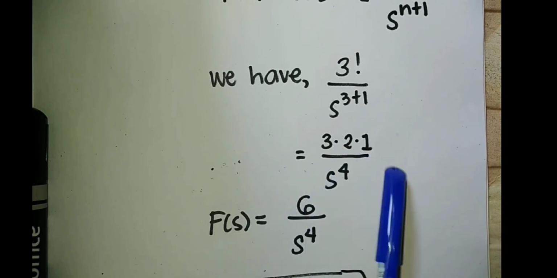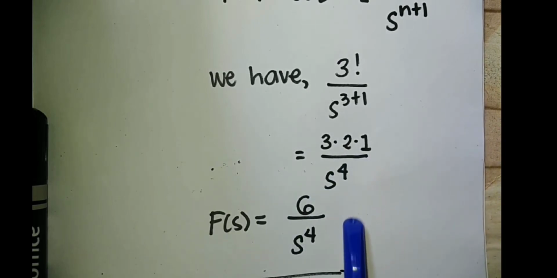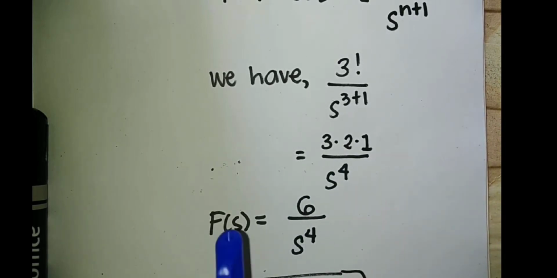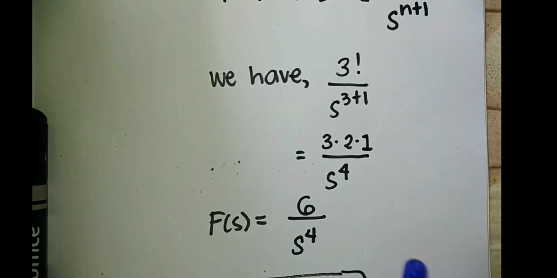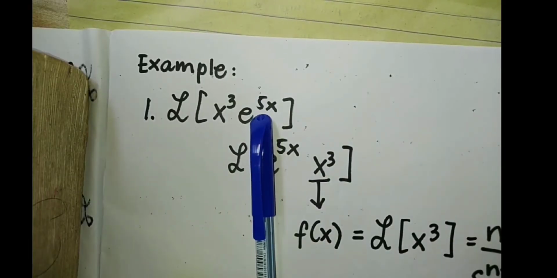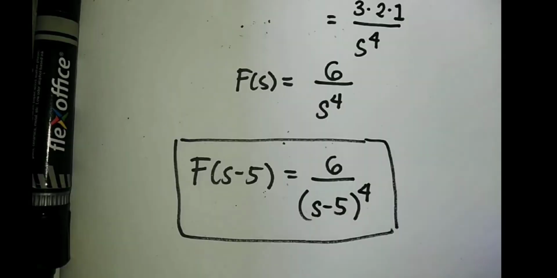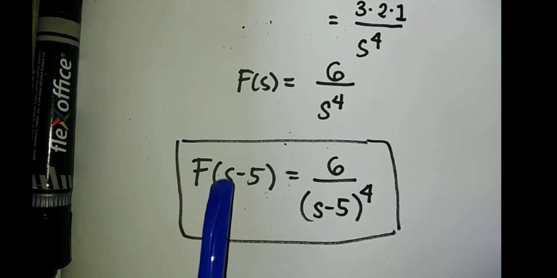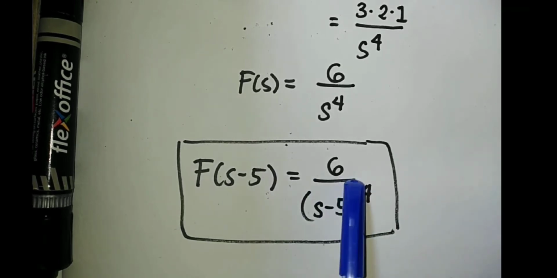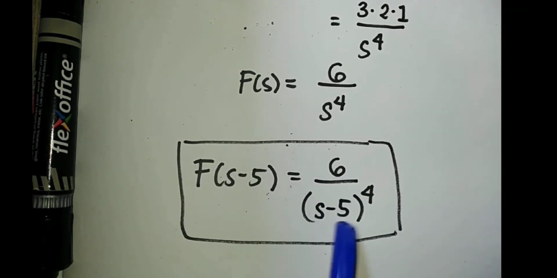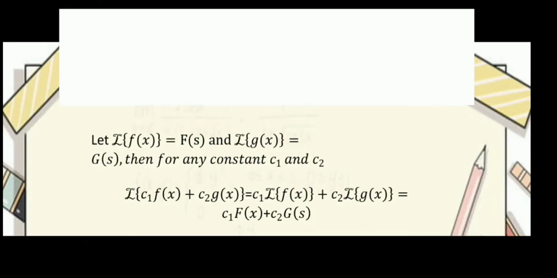So we have this, and our F of s is equal to 6 over s raised to 4. Since our a in the problem is 5, we have F of s minus 5 is equal to 6 over (s minus 5) raised to 4.